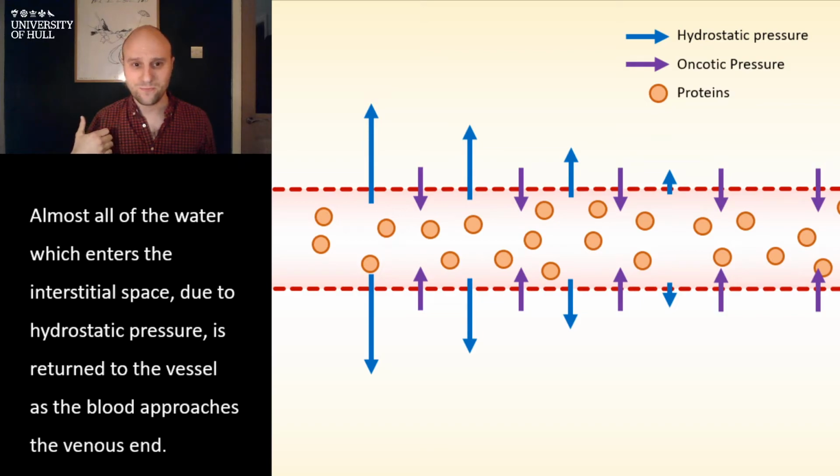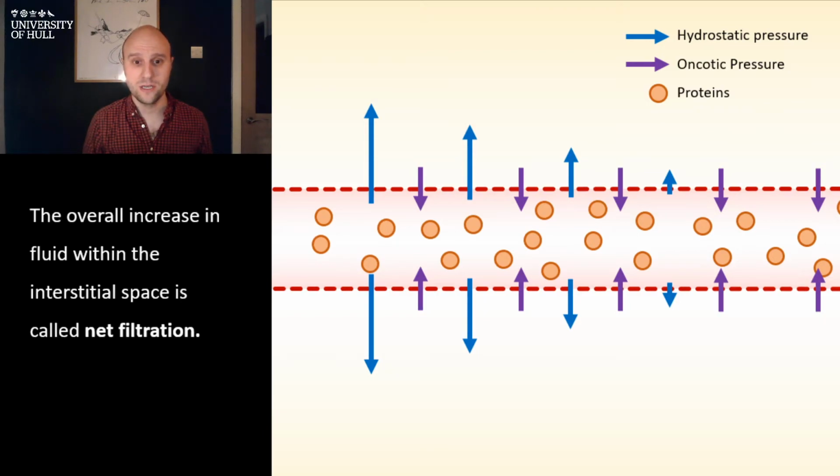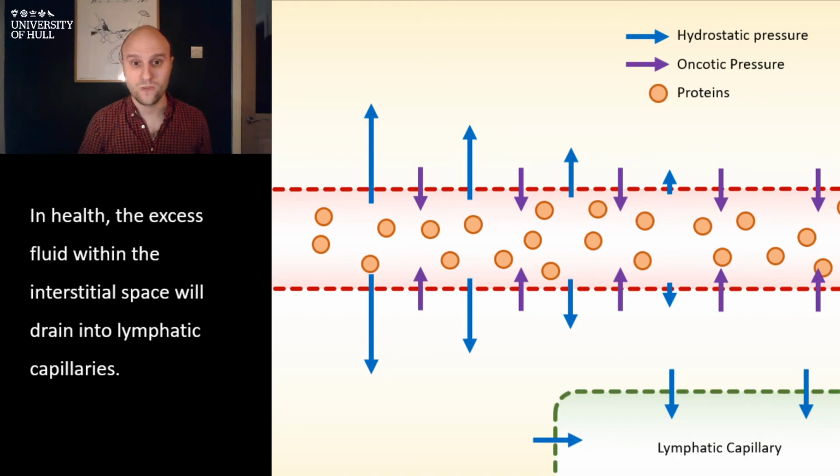Now, almost all of the water or fluid that is forced out of the capillary through the capillary wall due to hydrostatic pressure is drawn back in by the oncotic pressure. But not quite all of the fluid is reabsorbed back into the capillary, and the fluid that leaves the intravascular space but doesn't return, we would refer to as the net filtration.